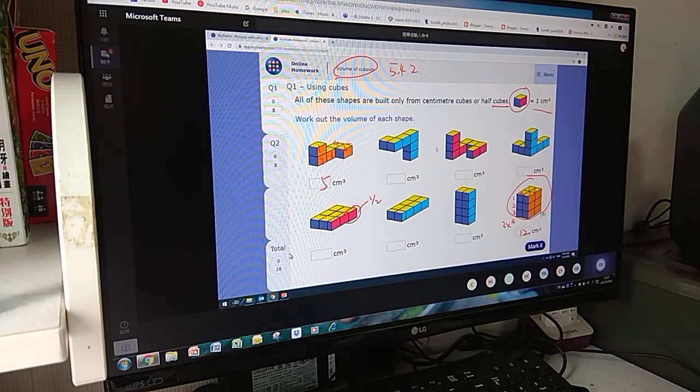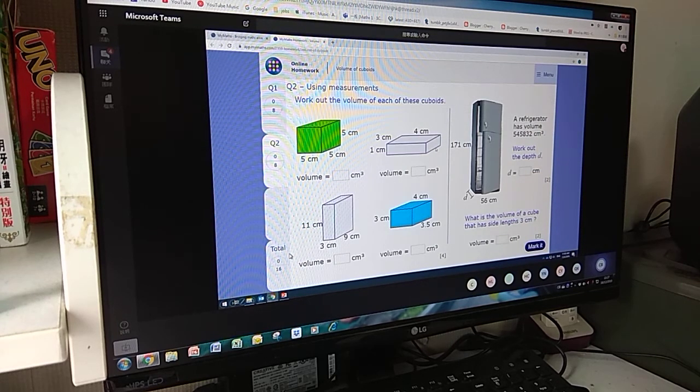So maybe I move on to the second one, and then the second one we have to calculate the volume of some cuboids. For example, the first one, this one, okay? Actually, this one should be the cubic form because the length of all sides, that is the length, width, and height, are the same, also 5 cm.